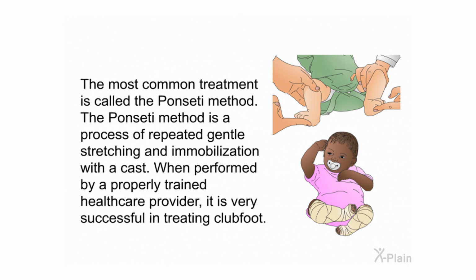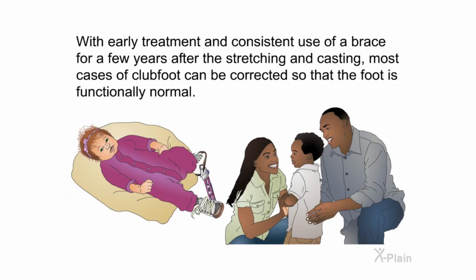The most common treatment is called the Ponseti method. The Ponseti method is a process of repeated gentle stretching and immobilization with a cast. When performed by a properly trained healthcare provider, it is very successful in treating clubfoot. With early treatment and consistent use of a brace for a few years after the stretching and casting, most cases of clubfoot can be corrected so that the foot is functionally normal.